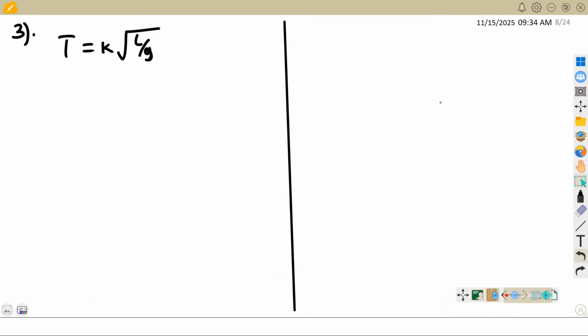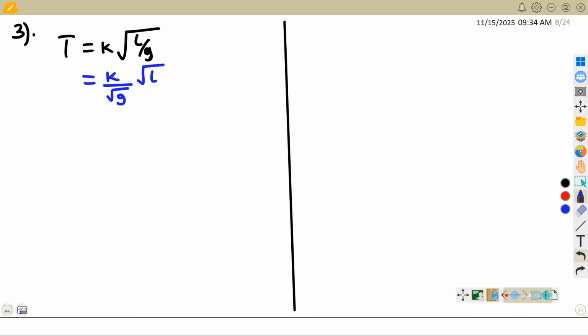So looking at what we are given, T is equal to k times the square root of L divided by g. We shall try to simplify this expression. The same expression can be written as k divided by the square root of g, times the square root of L. Since g is a constant, I can take it out.